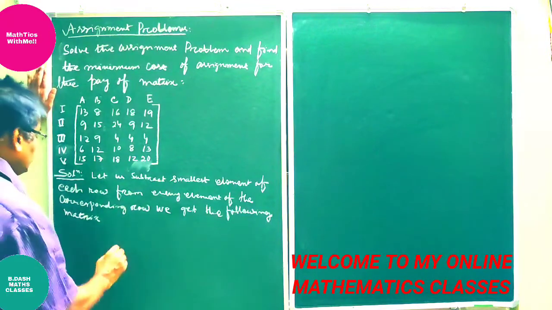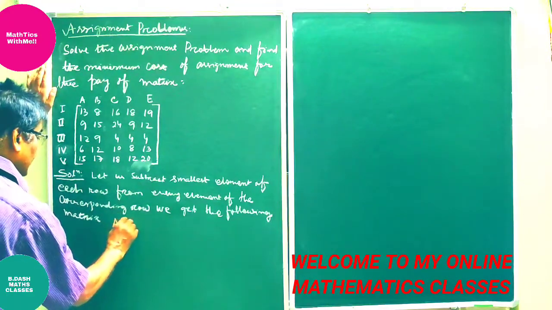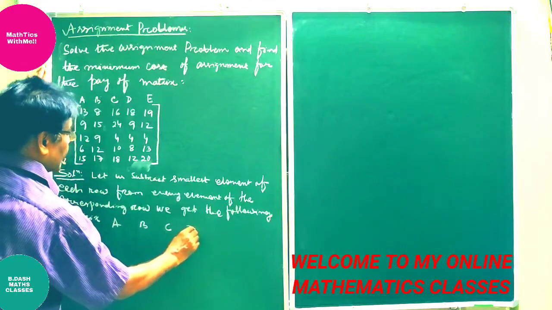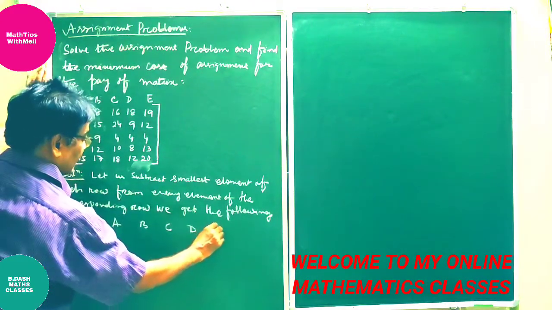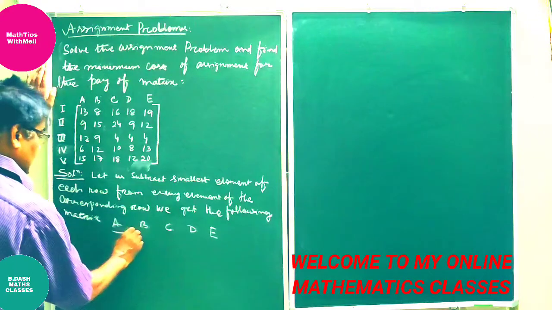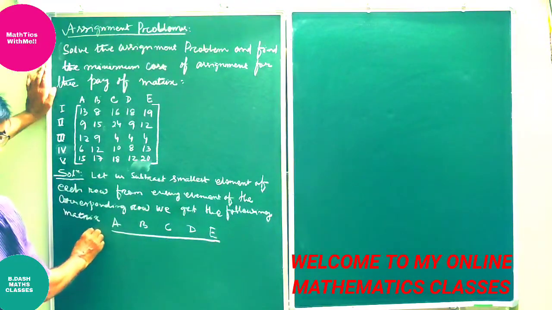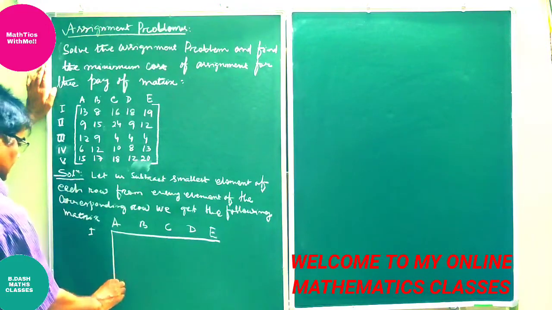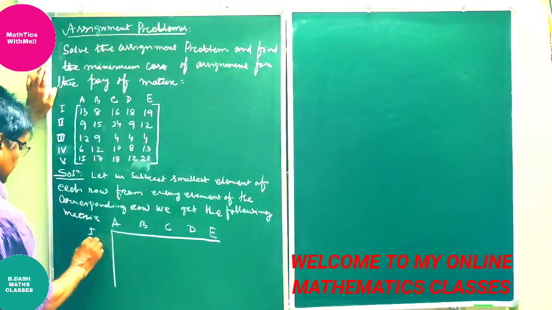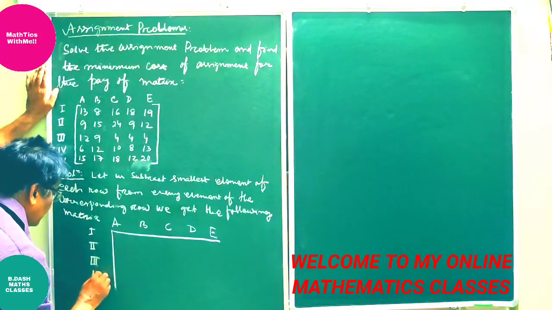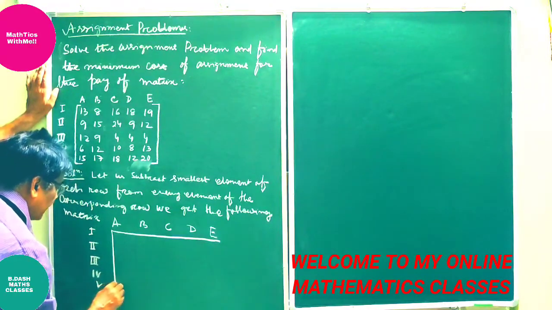So here A, B, C, D. Now this is first, second, third, fourth, and fifth.